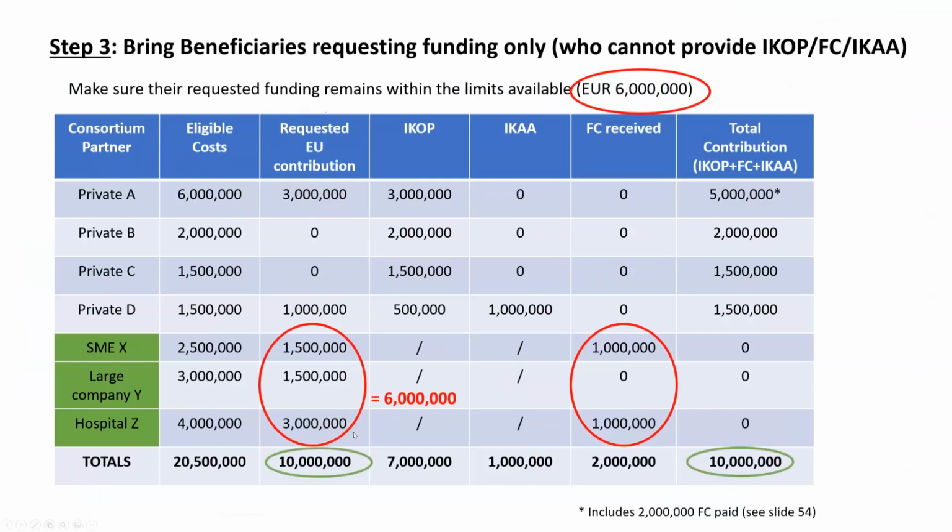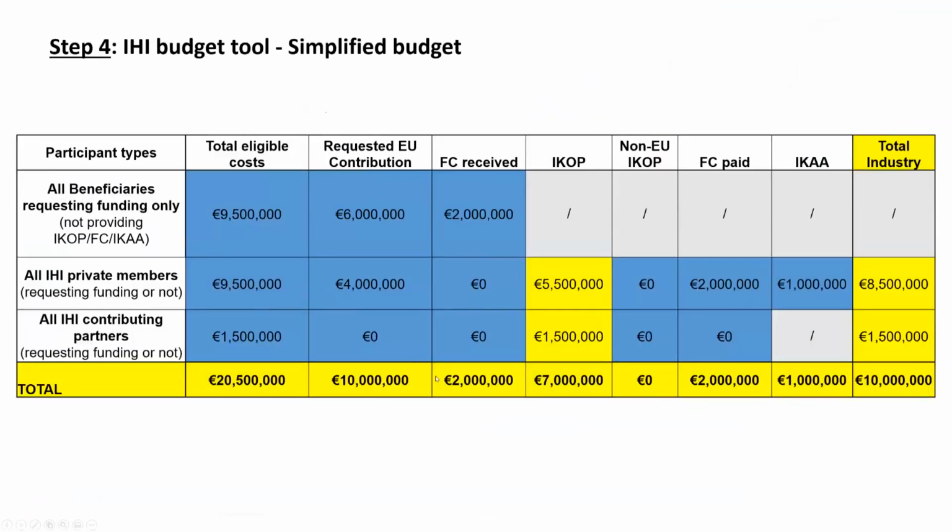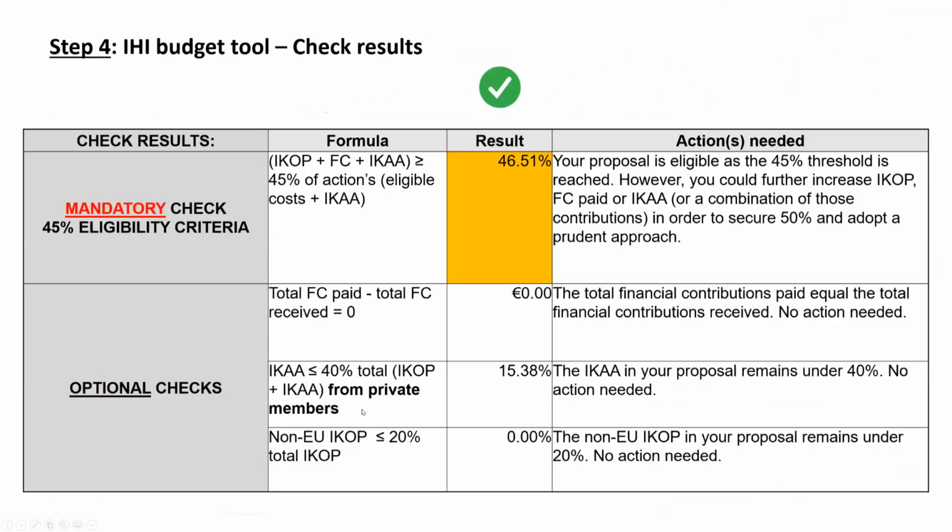And so this is a scenario, and you see you have the balance between the EU contribution and the total industry contribution. Now if you insert those elements into the budget tool, as I've done here, what do you get? You reach 46.51%, which is good, so your proposal is eligible.